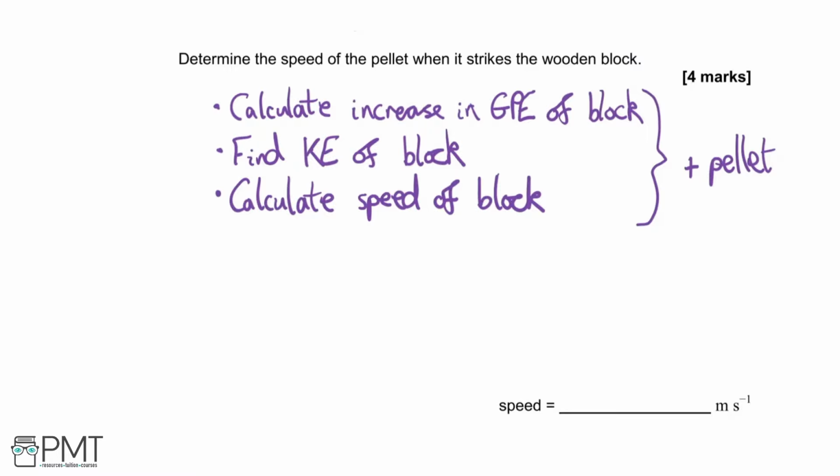The next thing that we need to do is work out the momentum of the block pellet combination, because that's going to be the total momentum after the collision. But obviously the momentum of the block and the pellet.